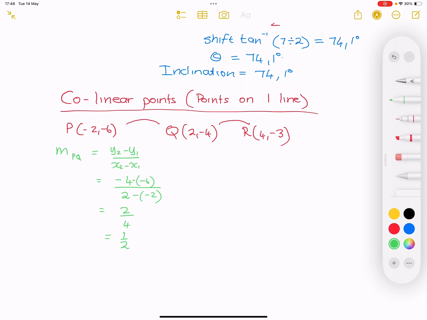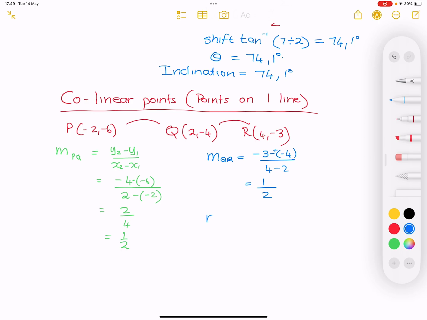Now you're going to do the gradient of QR. So the gradient of QR is minus 3 minus 4, see? Yes, ma'am. Over 4 minus 2. So that's minus 3 plus 4 gives you 1, and 4 minus 2 is 2.